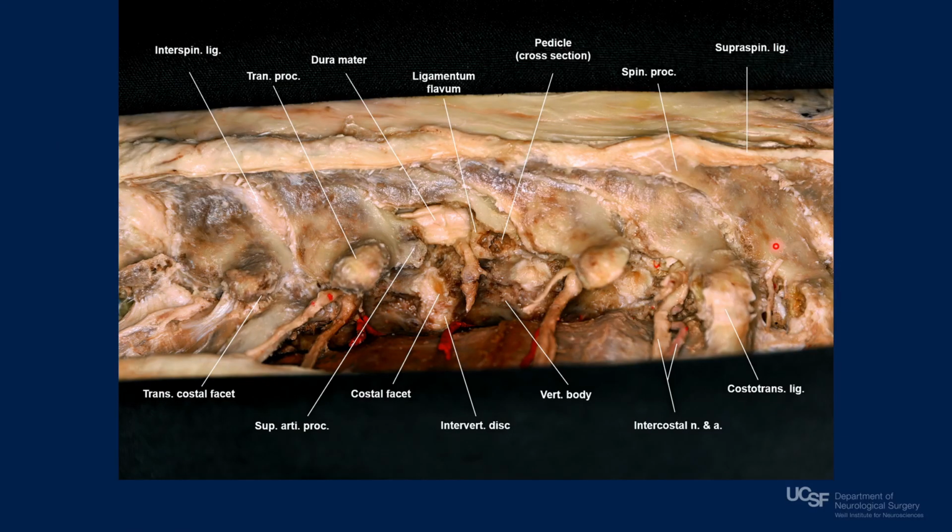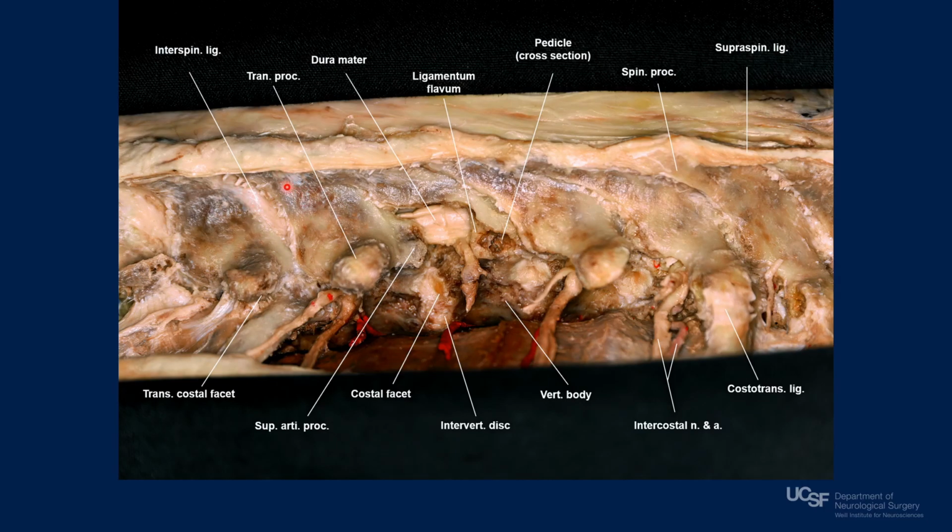This is a dissection exposing the right side of the mid-thoracic region, from superior to inferior, left side and right side, medial to lateral. What we're seeing superficially are the first layer of dorsal muscles associated with the spine. We see the supraspinous ligament, and in a deeper layer the interspinous ligament.